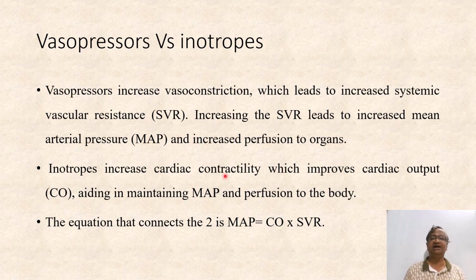Inotropes increase cardiac contractility. Now you see, the MAP is increased by SVR in noradrenaline. MAP is increased by increasing cardiac output in dopamine. If noradrenaline increases SVR and cardiac output is down, then your MAP may not be a good indicator.